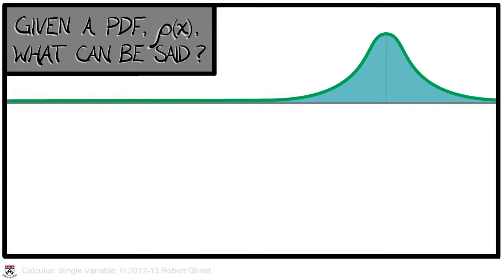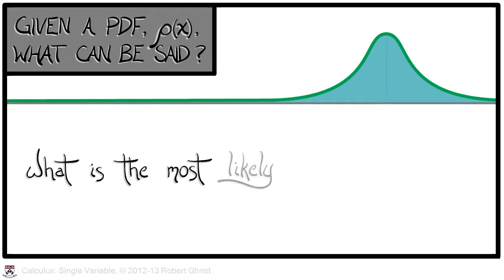Let's say that you're given a probability density function, rho of x, over the reals. What might you be able to say about a point chosen at random with respect to that density? Well, you might want to know what outcome is most likely. What do I expect to see on average?